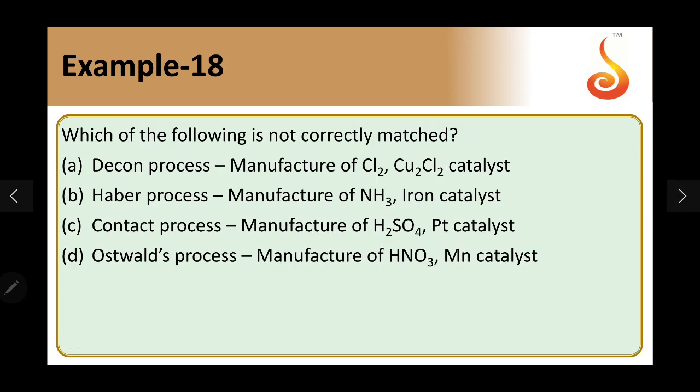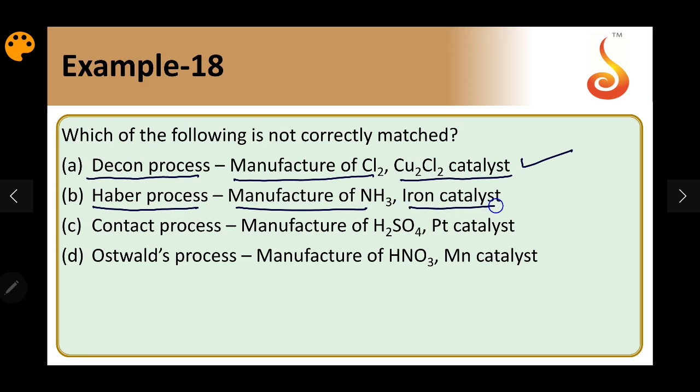Example 18. Which of the following is not correctly matched? So conceptual again. Deacon process, manufacture of Cl2, and Cu2Cl2 as a catalyst, correct. Haber's process, manufacturing ammonia, iron catalyst with molybdenum promoter, is correct.